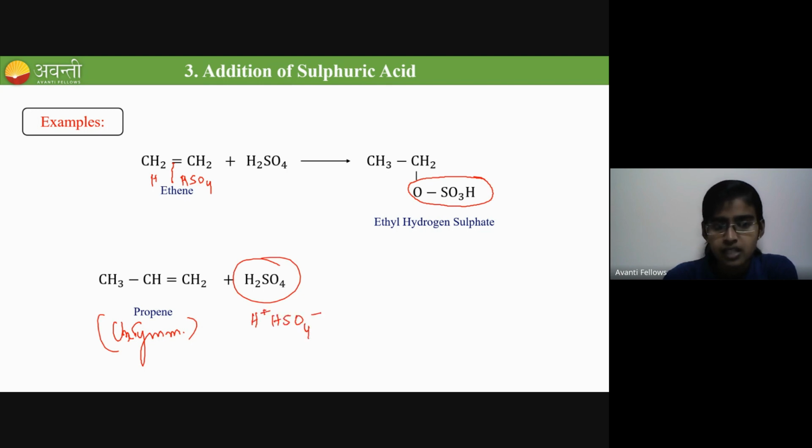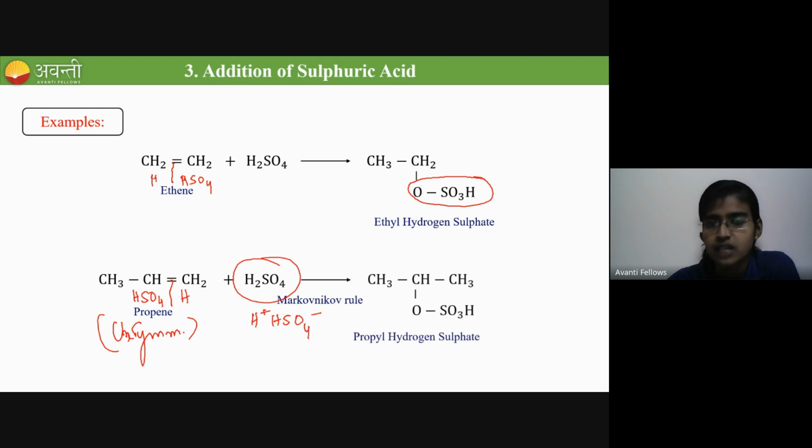I have to break the bond and give the positive part to the carbon which has more number of hydrogens, and add the negative part to the carbon which has very less number of hydrogens. That is Markovnikov addition, right? So it follows Markovnikov's rule and it is forming propyl hydrogen sulfate like this.